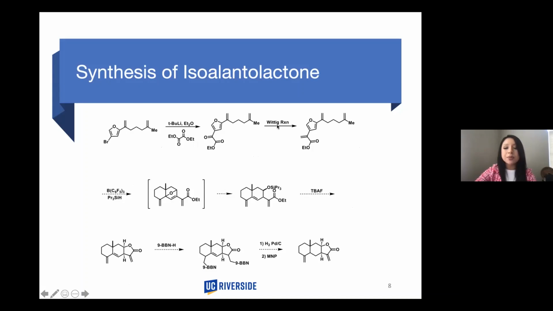And then again, we perform another Wittig reaction to remove this oxygen group and again form an olefin. Now, down here are the steps that we haven't got to yet, but we perform this synthesis to create a cyclic ring right here, and we further create our isoallantalactone product.